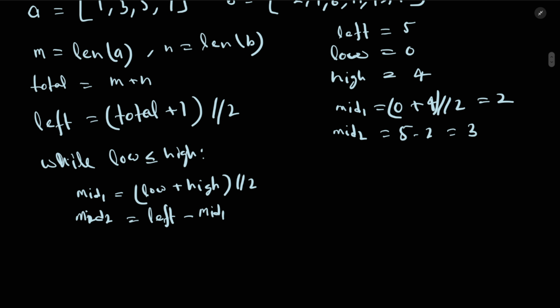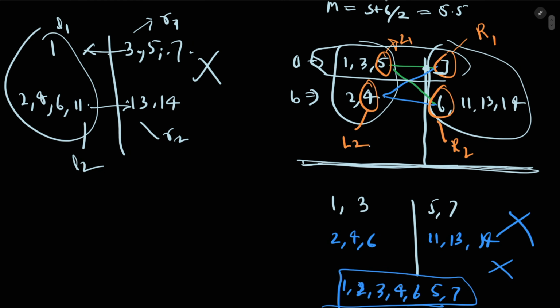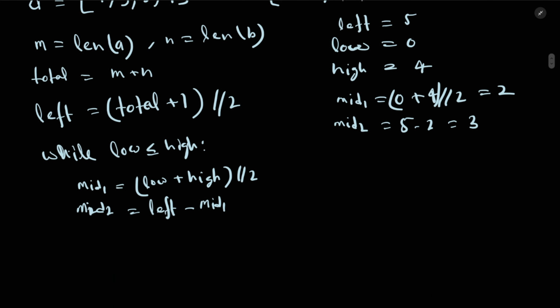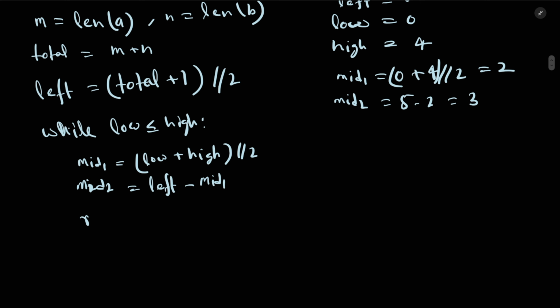Okay, now I have mid 1 and mid 2. Now I need to find L1, L2, R1 and R2, so that I can compare and check if the elements I have taken on the left side are valid. So let's write R1.